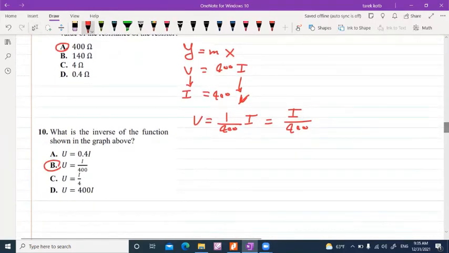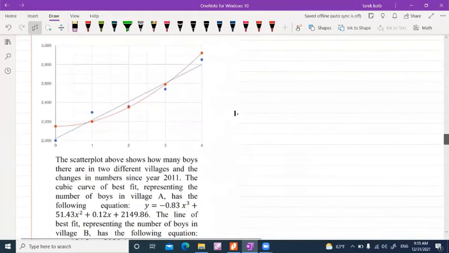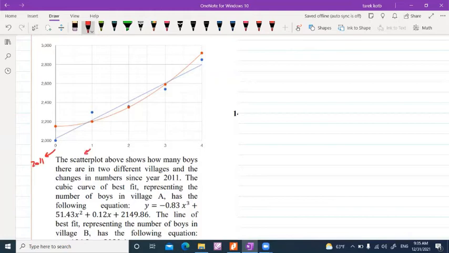Question number 11. The scatter plot above shows how many boys there are in two different villages, and the change in the numbers since year 2011. Means this year is 2011. So this will be 2012, 2013, and so on.